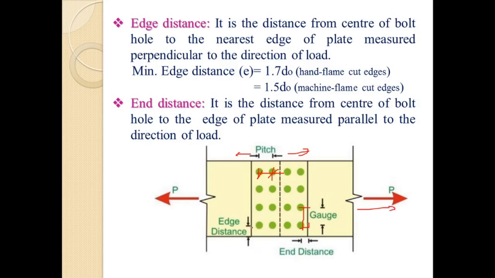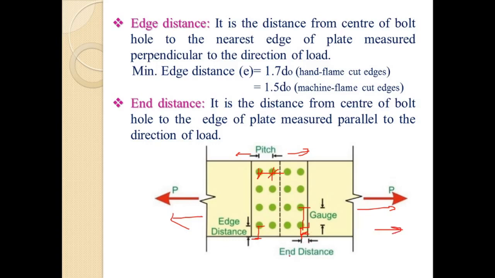Edge distance is the distance from center of bolt hole to the nearest edge of plate, perpendicular to the direction of load. And lastly, the end distance is measured from the center of bolt hole to the nearest end, parallel to the direction of load.